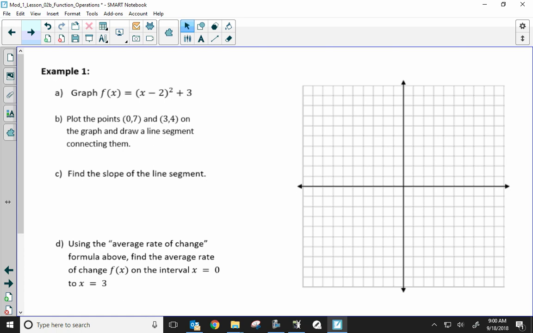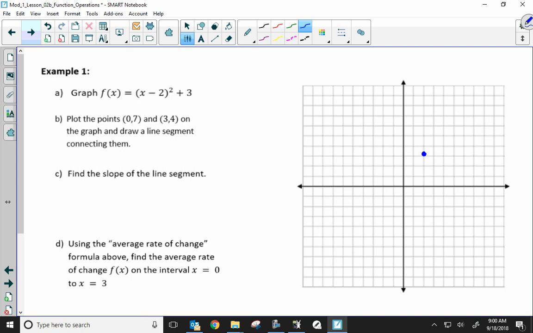All right. First things first. Let's draw the graph. f of x equals (x minus 2) squared plus 3. All right? And I know that's a parabola. You can put this in your calculator with your table of points. But I know that's going to go up 3 and to the right 2.